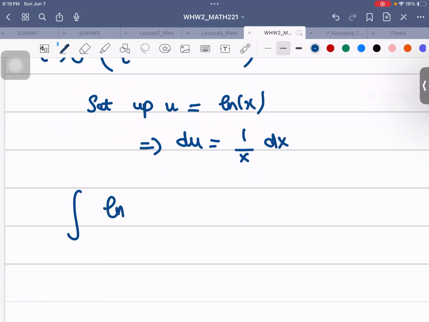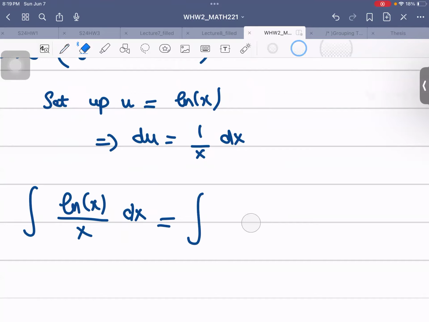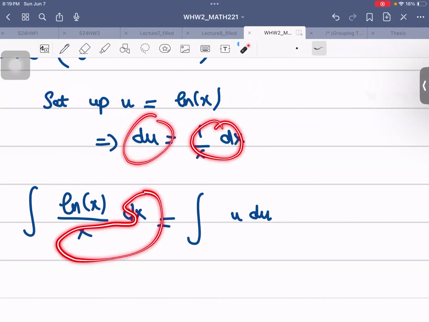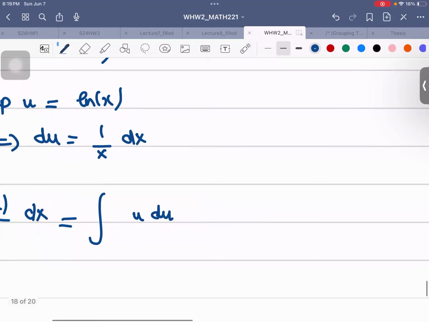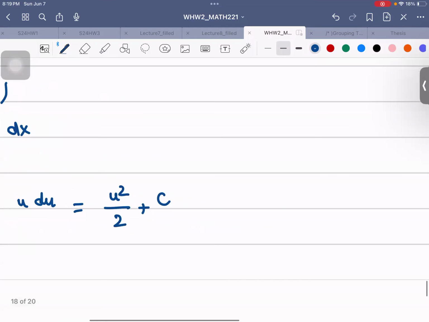So the antiderivative you want to find will be u du, because ln of x is u, and dx divided by x is du. You take the antiderivative, you have u squared divided by 2 plus c. And u is ln of x, so we have ln of x squared divided by 2 plus c.